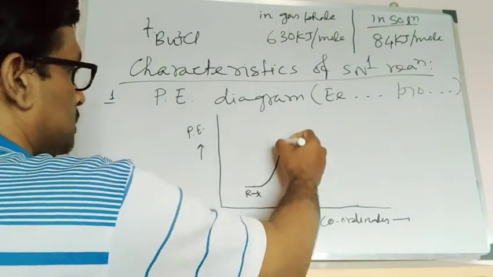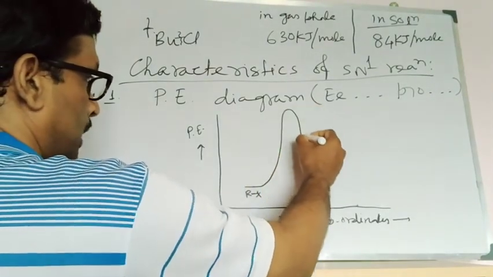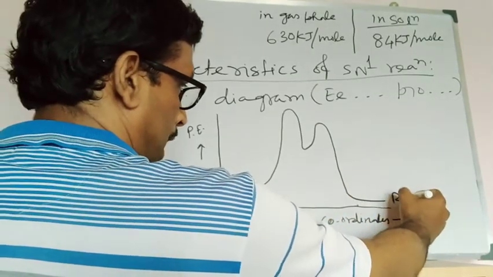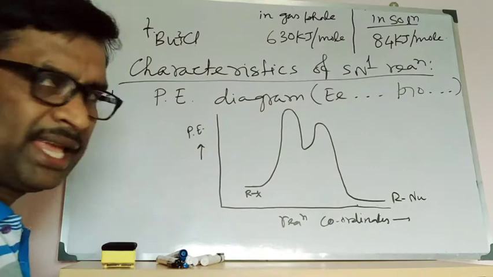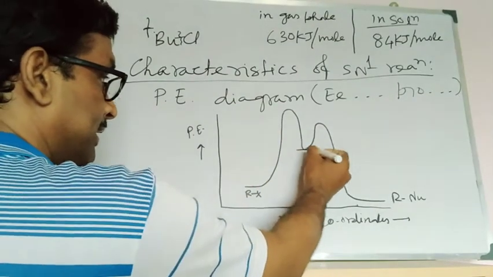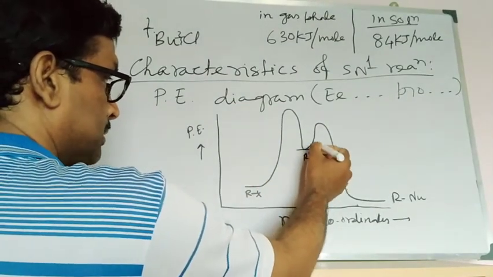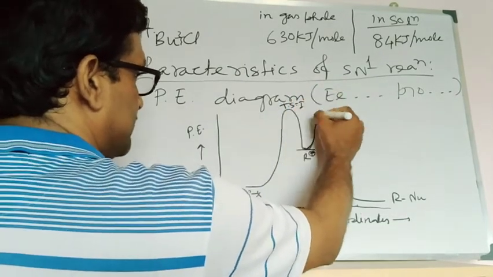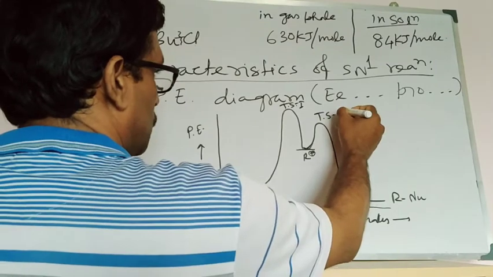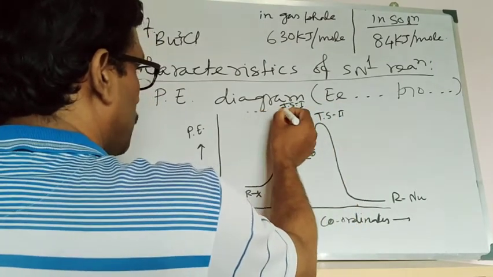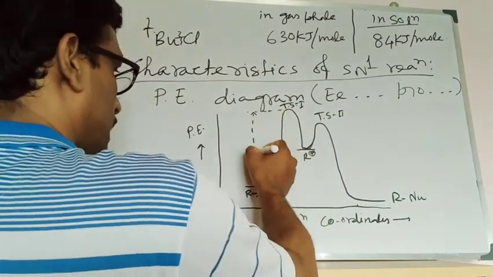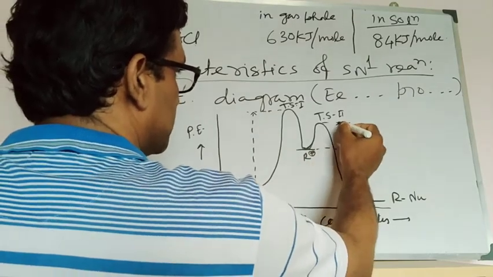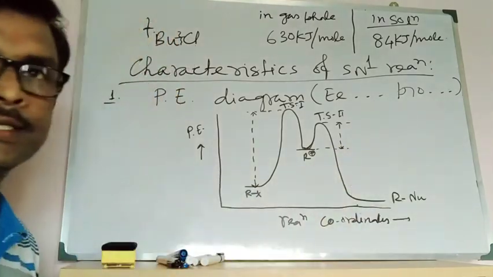The energy required goes to here, and this goes to here, and this goes to this. The product will be there, and this is the intermediate R plus, and this is transition state 1, and this is transition state 2. So look at this, the activation energy required for this first step is higher than the second step.